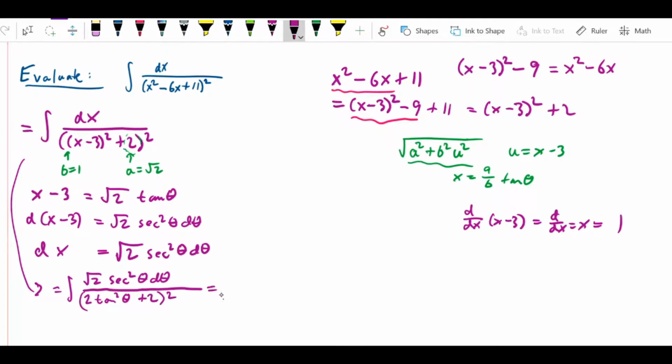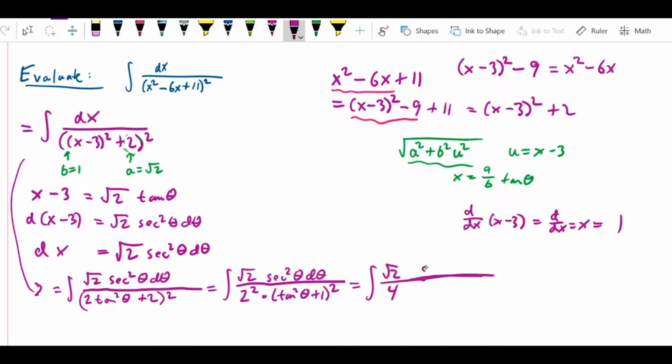And that, of course, equals the square root of 2 secant squared theta d theta over 2 squared times tan squared theta plus 1 squared. And that's going to be root 2 over 4.